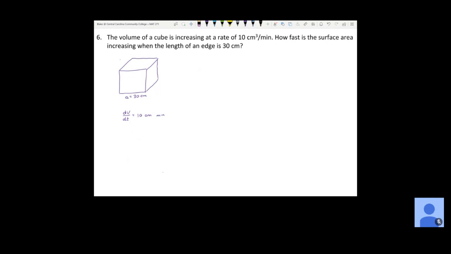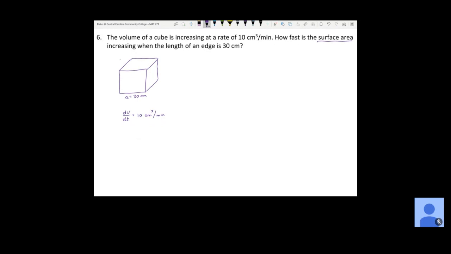All right. So what formula are we going to need here? Okay, we're going to need surface area of a cube, right? Because we know we're going to be looking at that. And we're also going to need what? So I don't think we did one with a cube yesterday.